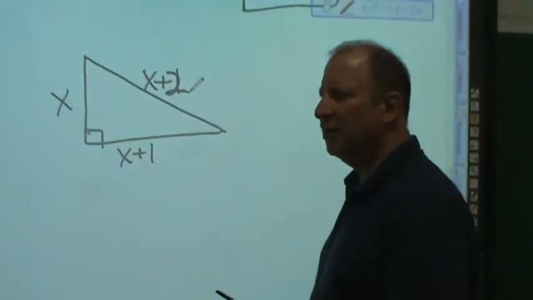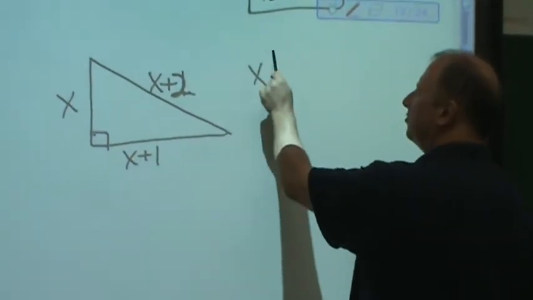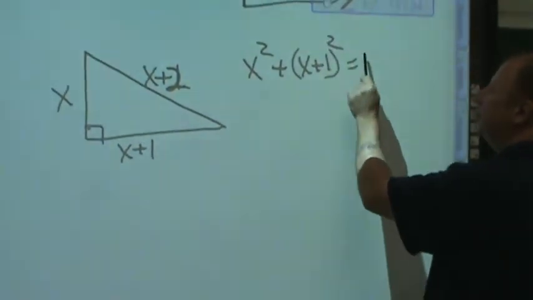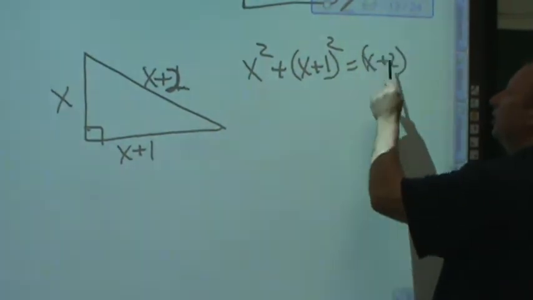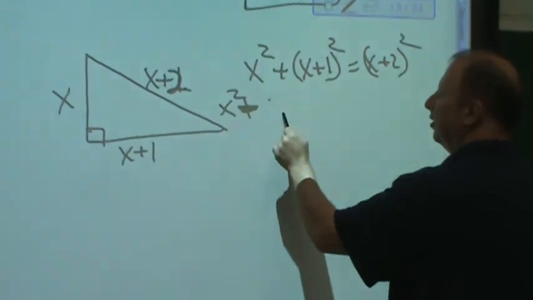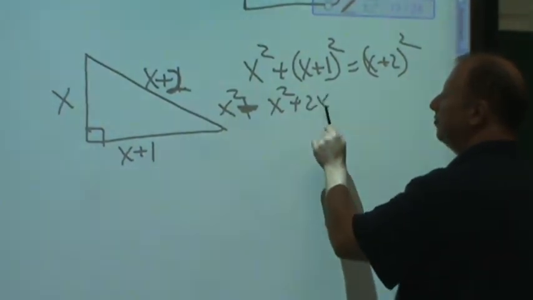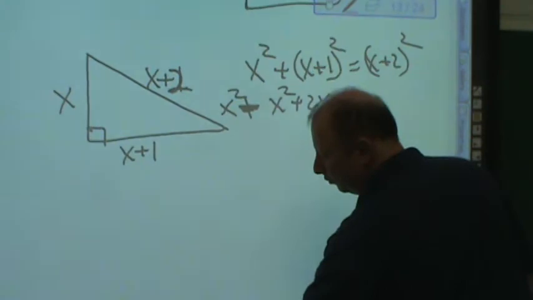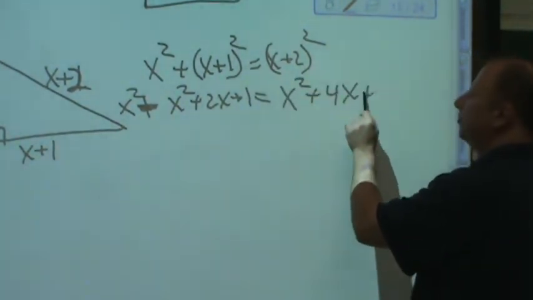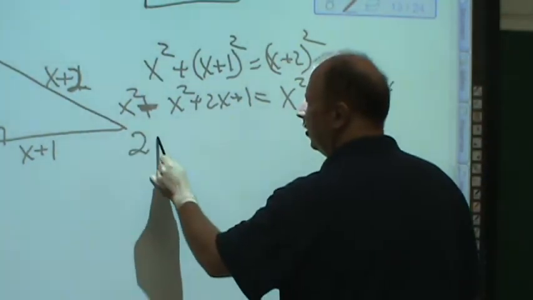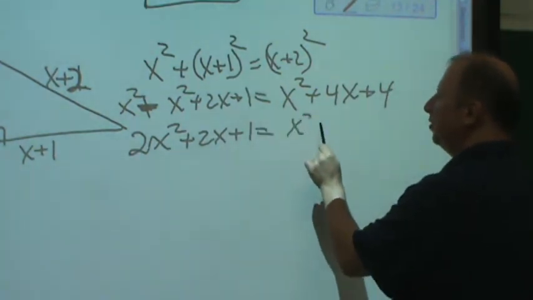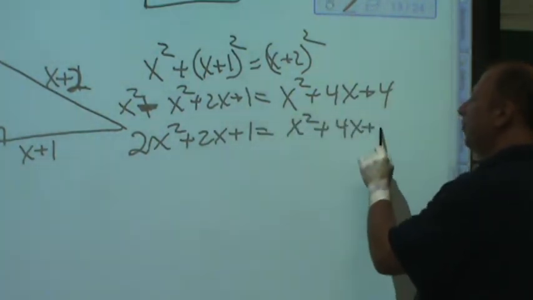So what I can say is x squared plus x plus 1 squared is equal to x plus 2 squared. x squared plus x squared plus 2x plus 1 is equal to x squared plus 4x plus 4. 2x squared plus 2x plus 1 is equal to x squared plus 4x plus 4.